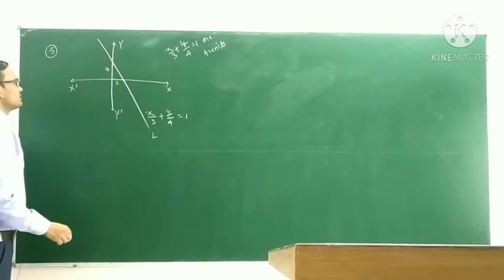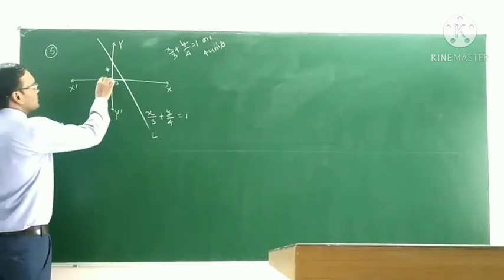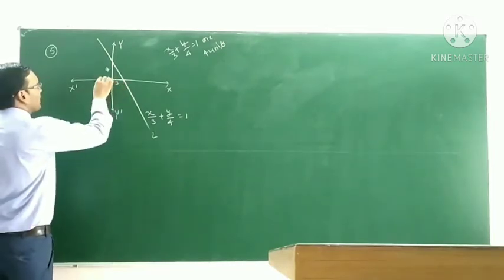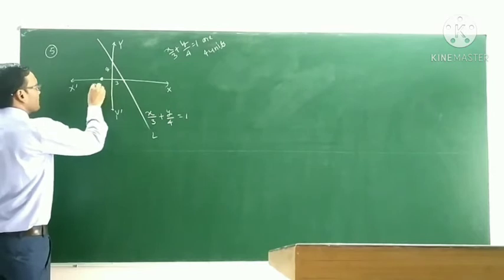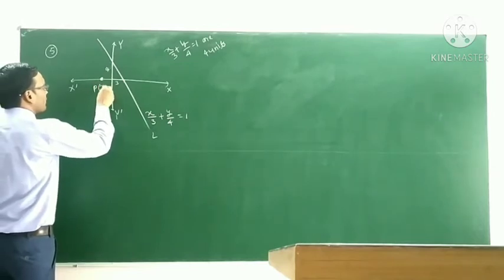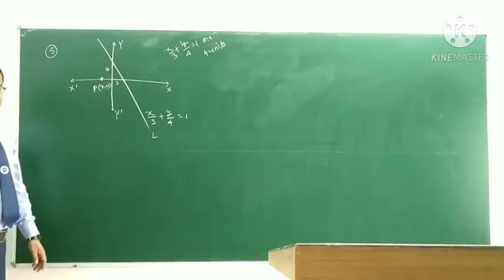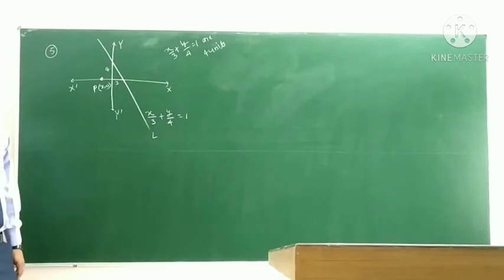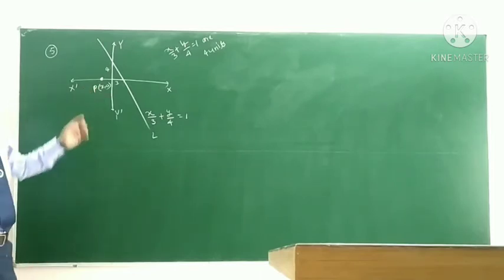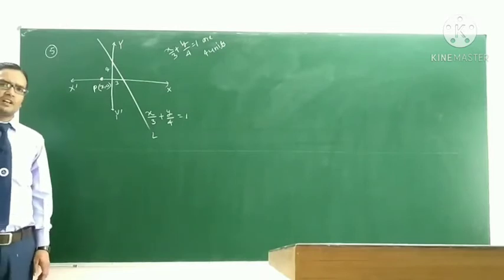Suppose that the point on the x-axis is P whose coordinates are x comma 0. If the point is on the x-axis, then the ordinate will be 0, and we suppose that the abscissa of the point P is x.